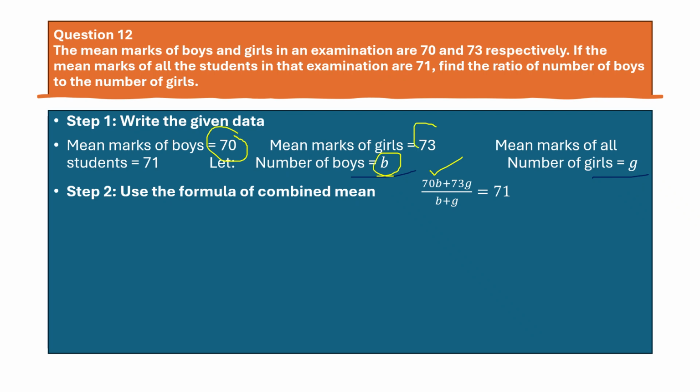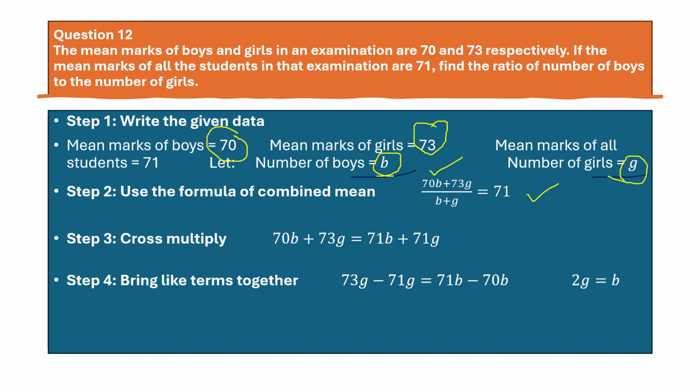Likewise the mean marks of girls is 73 and the number of girls is G, so you get 73G, divided by the total number B plus G, which is equal to 71. Now you cross multiply and solve, and you get 2G is equal to B, so B is to G is 2 is to 1. So your answer is 2 is to 1.